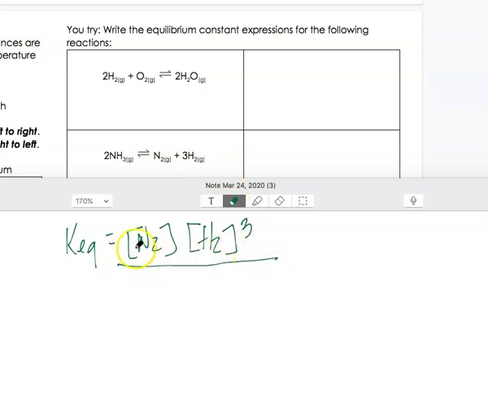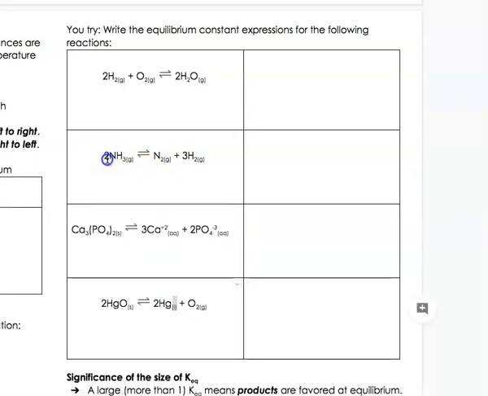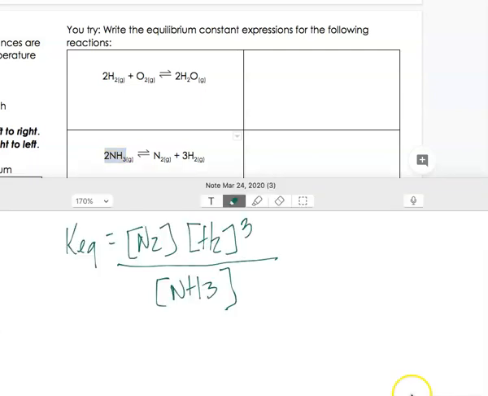Products on top, reactants at the bottom. Now I'm going to put the concentration of NH3 to the power of 2. Okay, so to the power of 2 right there. And that's how you would write the equilibrium expression for the second one.